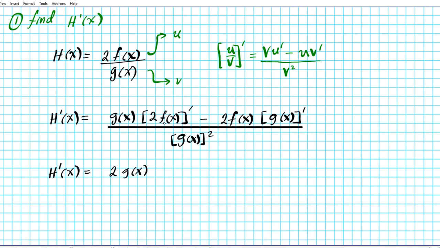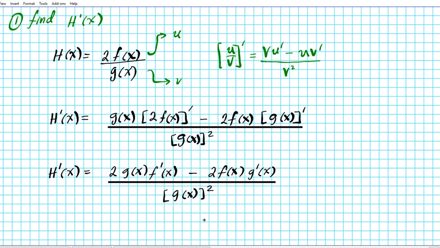Now the quantity f of x prime can be written as f prime of x. Alright, it's the chain rule, but we're not going to go there right now. We don't have any inner functions, so we just do f prime of x and just stop there. And then we have 2 f of x. The quantity g of x prime is the same thing as g prime of x. And then that's divided by the denominator squared. The function g of x squared.